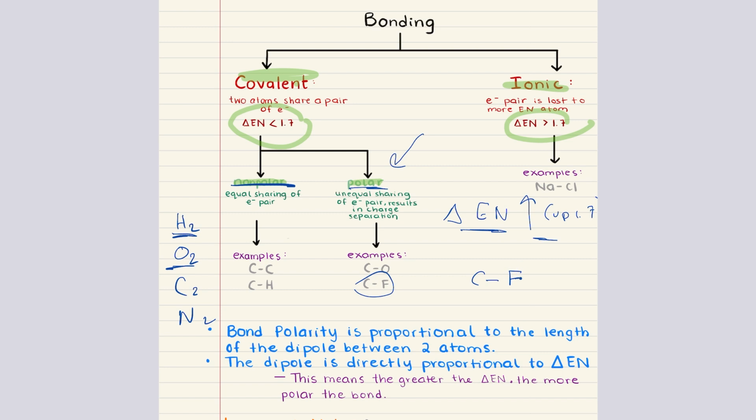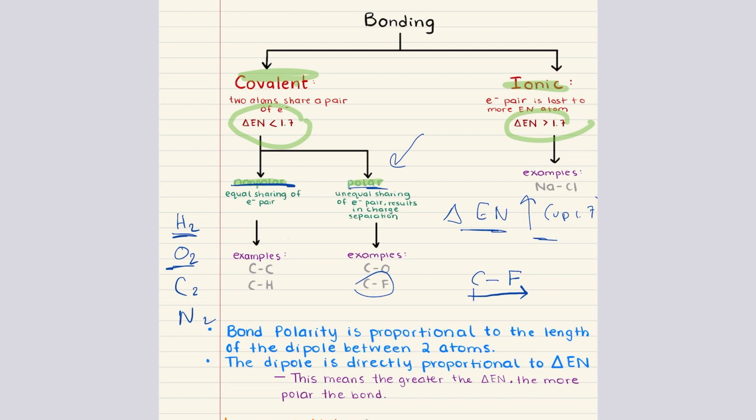Fluorine is much more electronegative than carbon, so it pulls the electrons a little bit closer to itself. Now, the closer the difference in electronegativity gets to the 1.7 threshold, then the stronger the dipole becomes, meaning the electrons are now pulled more unevenly between the two atoms.